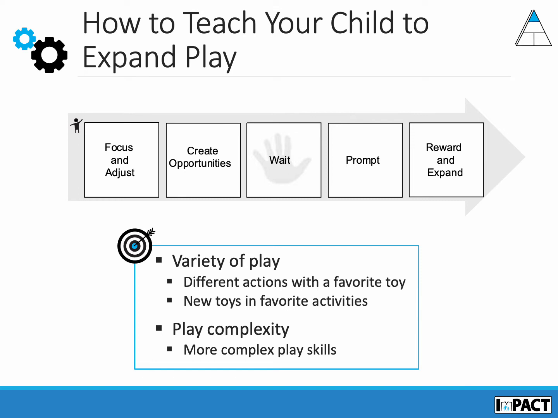If your child is able to use a number of related play actions, you can increase the complexity of the play by prompting your child to tell a story through linking several actions together. For example, if your child likes to feed a baby doll, prompt the child to give the baby a bottle, burp the baby, and put the baby to bed.